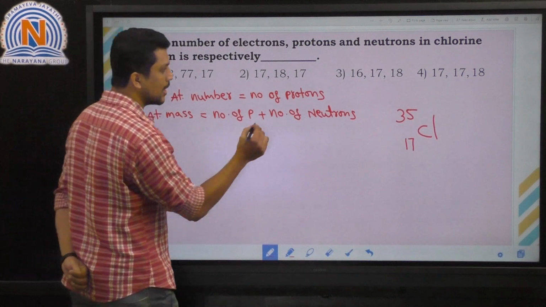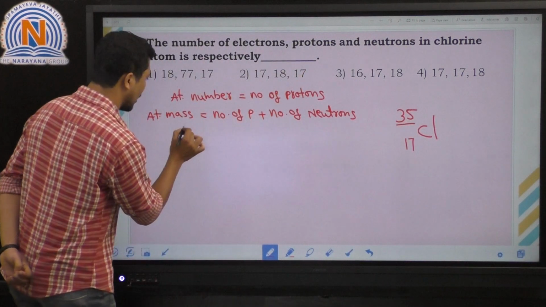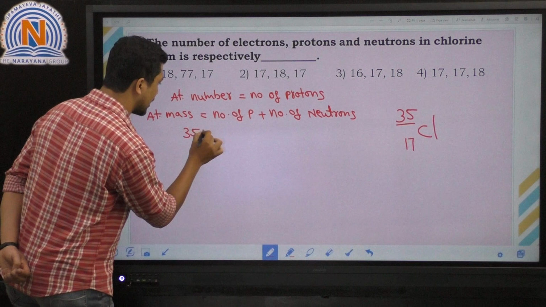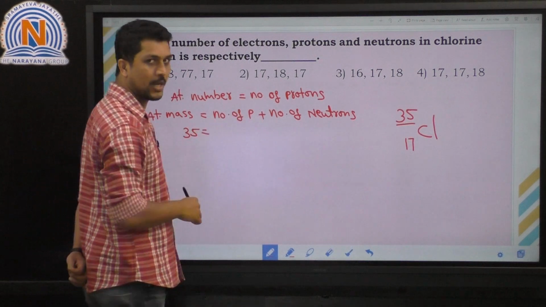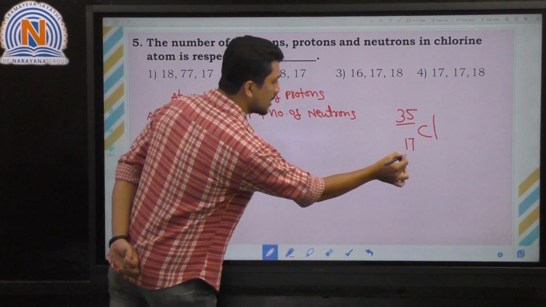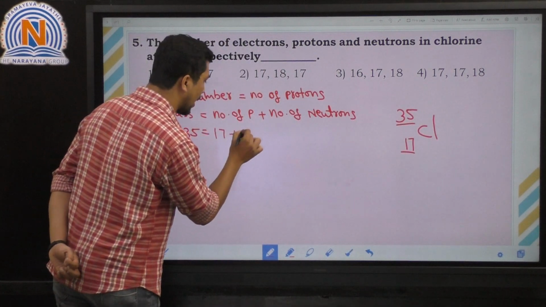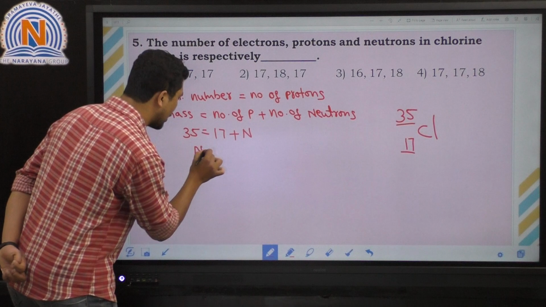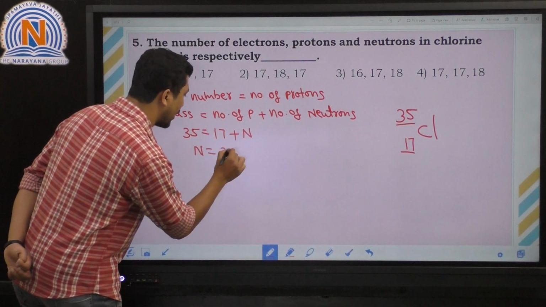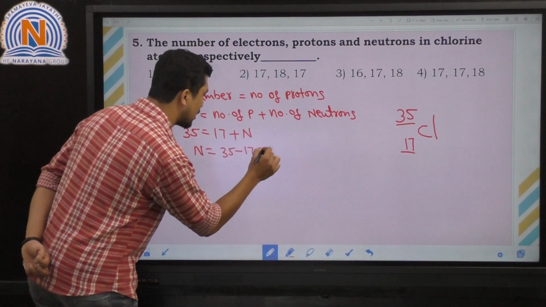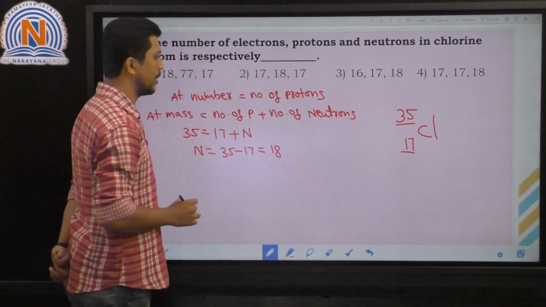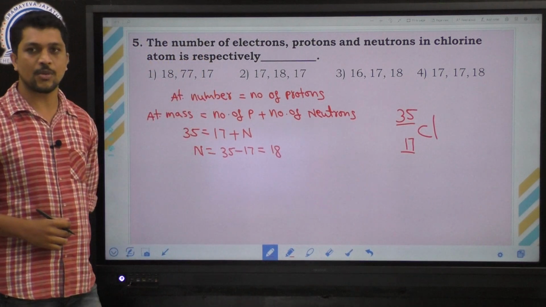The atomic mass of chlorine is 35. The number of protons, equal to the atomic number, is 17, plus the number of neutrons we have to find. So N equals 35 minus 17, which is equal to 18. So the number of neutrons is 18.